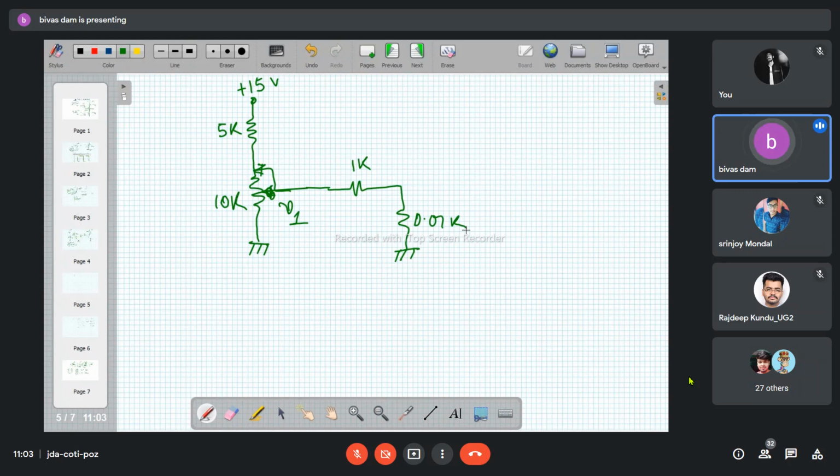Fine. Now tell me what will be the value of V1? Will it remain as 10 volt? No, sir. There will be the loading effect, is it not? Yes, sir. This part is acting as the load of this output.